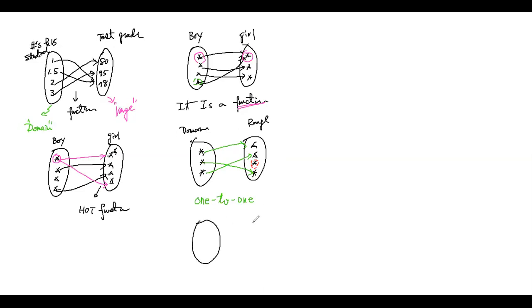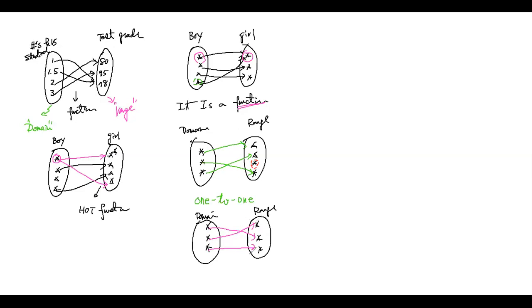So how about if I have a relation like this? This is the domain, and this is the range. If my relations go this way, like this one and this one, every element in the domain still covers one element in the range.